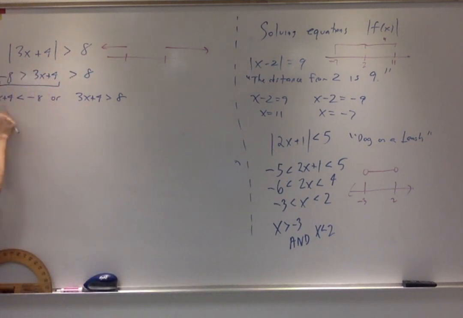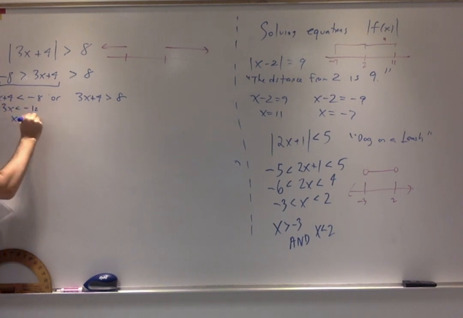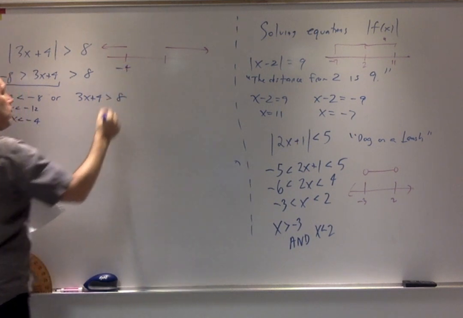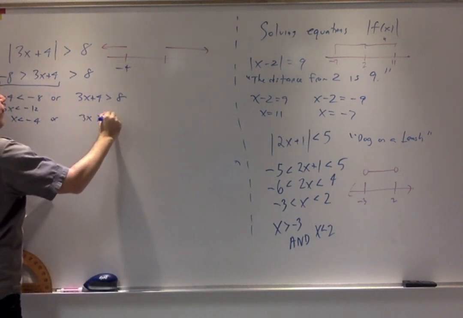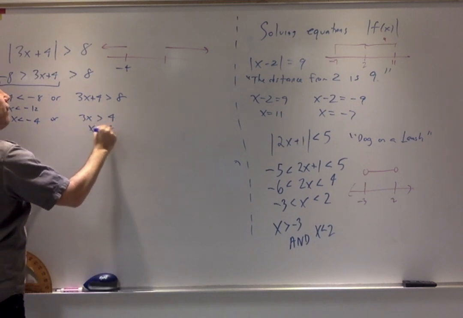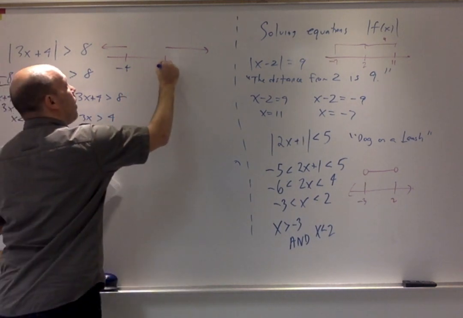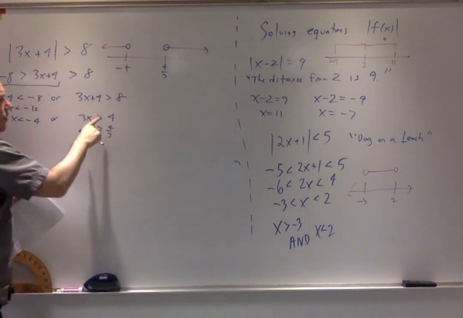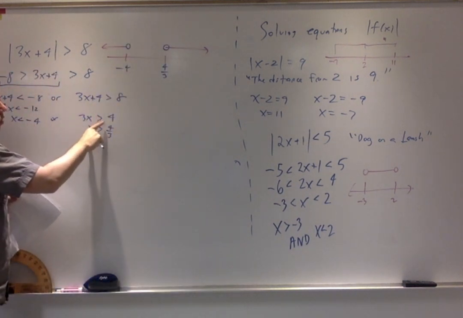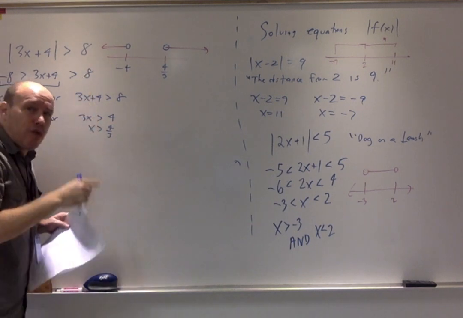So we have 3x is less than negative 12, x is less than negative 4, or we have 3x is greater than 4, x is greater than 4 over 3. And that's the idea. Either open circle because it's just less than or greater than, or closed circle if it's greater than or equal to.